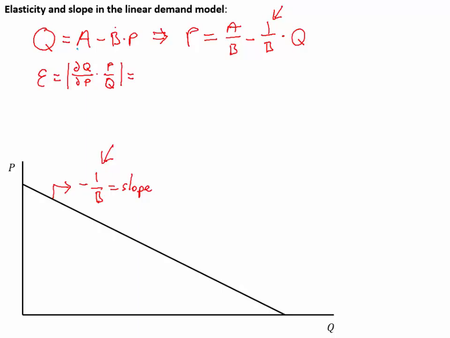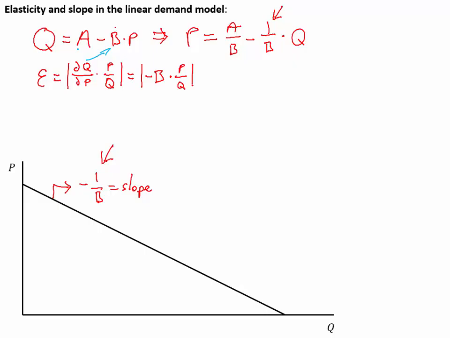If we apply that to the linear demand model, we see that that partial derivative is simply negative B. So what we have now in the linear model is that the elasticity is the absolute value of negative B, the derivative of quantity with respect to price, times price over quantity.